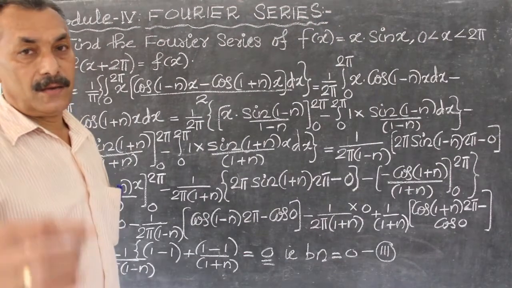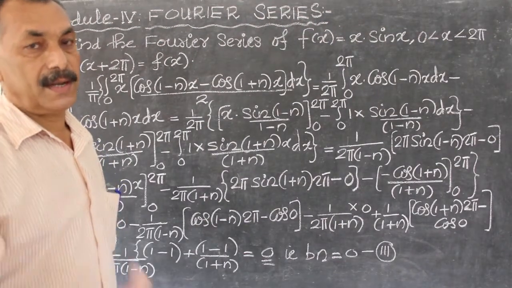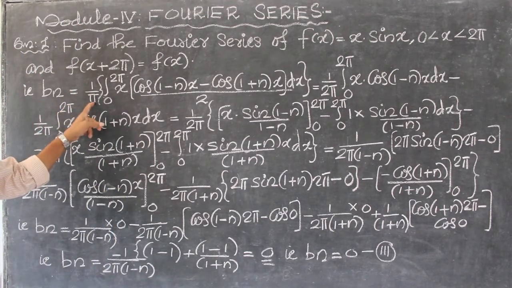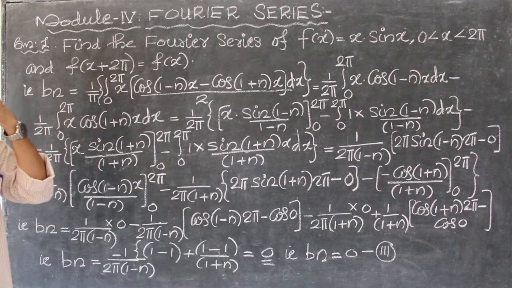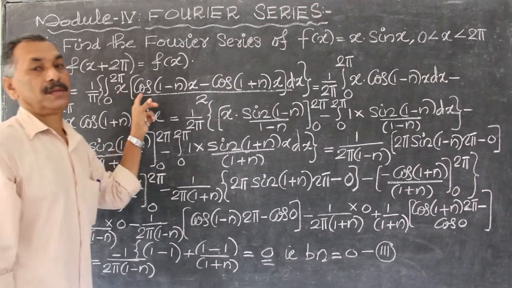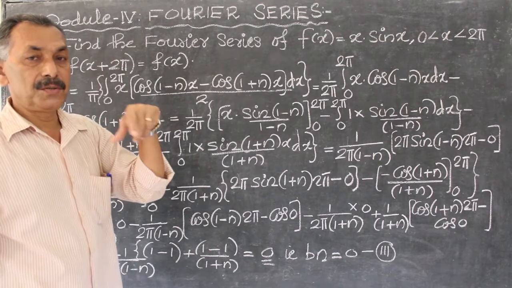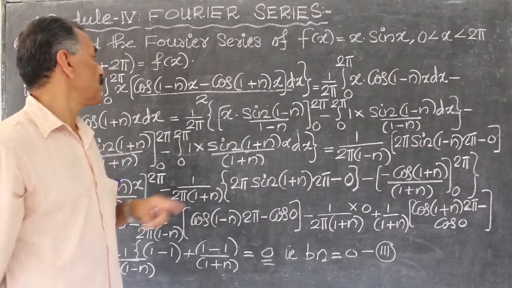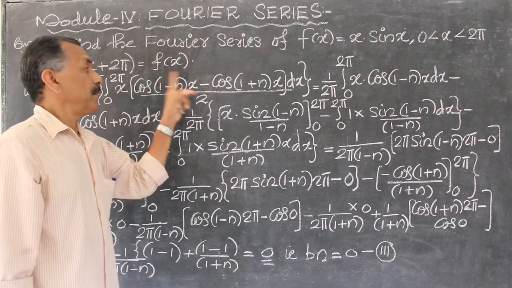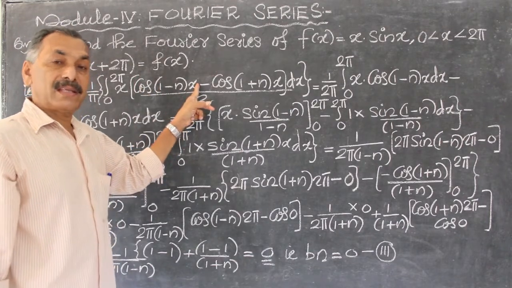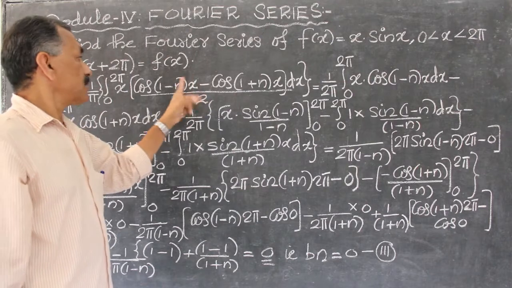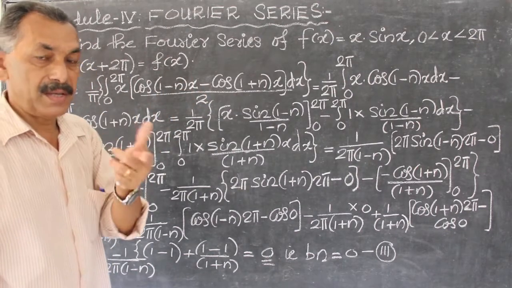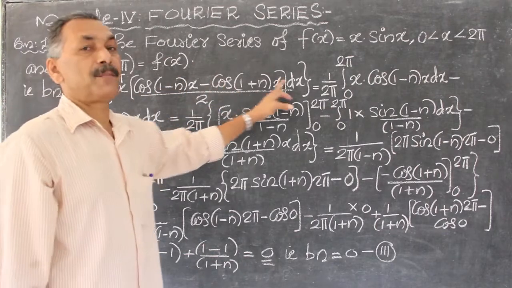Similarly, the value of bn, continuation: bn is equal to 1 by pi integral 0 to 2 pi x into sin x into sin nx. Sin a sin b is equal to cos of a minus b minus cos of a plus b.